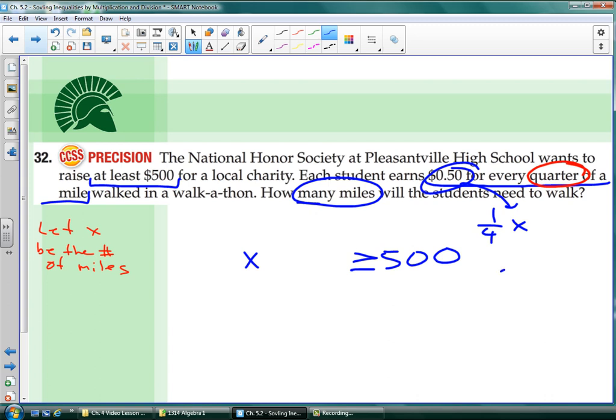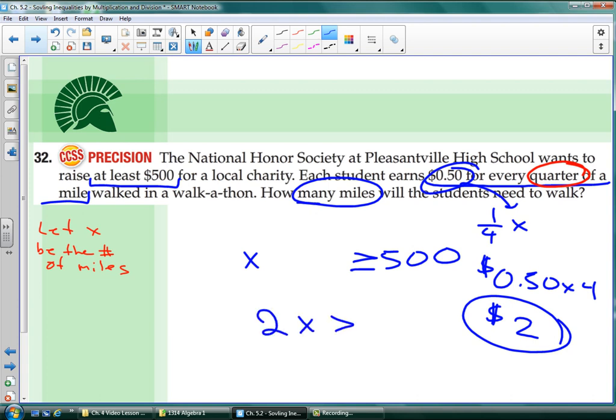If I multiply 50 cents by 4, I get $2. And so I now get $2 for every mile that I run. So now I don't have to put the fraction in my inequality. I can put the $2. And so if I do $2 for every mile, which is 500, it makes my life a little bit easier when I'm trying to solve. So that's where this goes, up there.